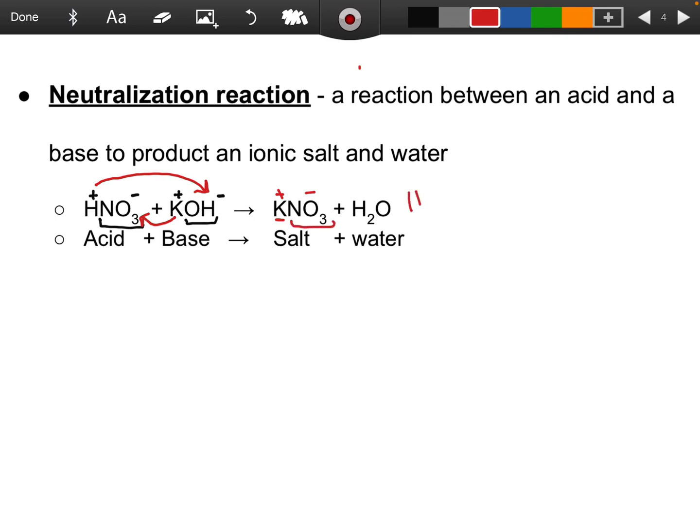And then water, which, like I said, we can also write as HOH, because those are the two ions that are coming together. You can write it either way, but just know that you'll sometimes see it as H2O and sometimes as HOH. Usually it'll be written as H2O, but that's where the H2O comes from, the acid-base ions.